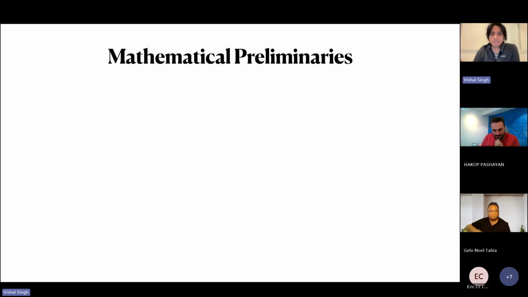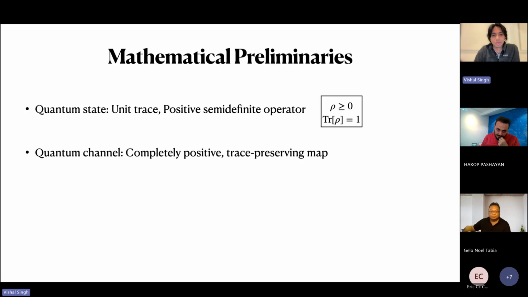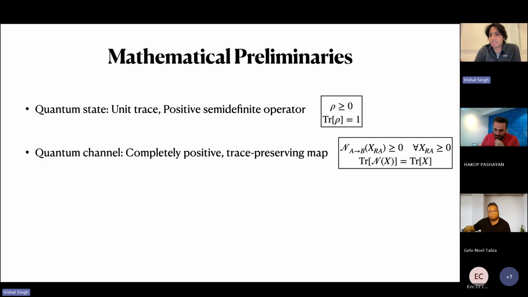So let's go ahead. I'll briefly go through the mathematical preliminaries. I'm pretty sure you know this stuff, but just to fix the notation: with a quantum state, I mean a unit trace positive semidefinite operator. With a quantum channel, I mean a completely positive trace preserving map. So basically something that acts on a positive semidefinite operator, and the output operator is also positive semidefinite, and it preserves the trace of the operator it acts on.